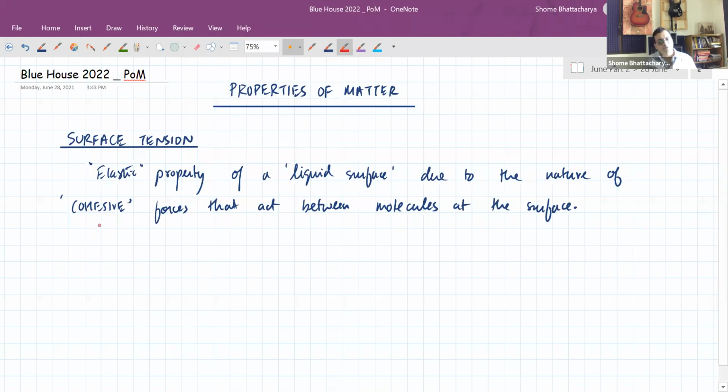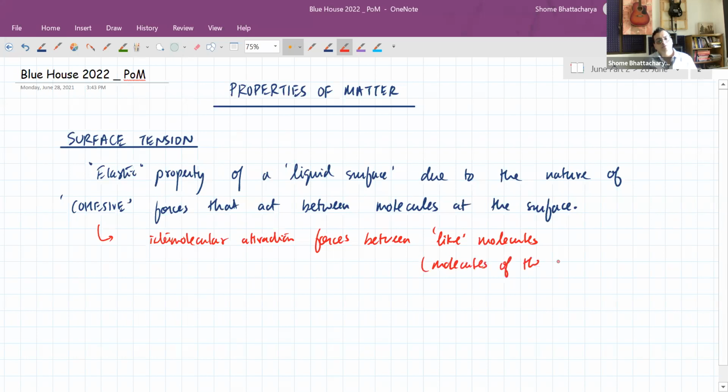So by cohesive forces, here we mean the intermolecular attraction forces between what we call like molecules, molecules of the same substance.